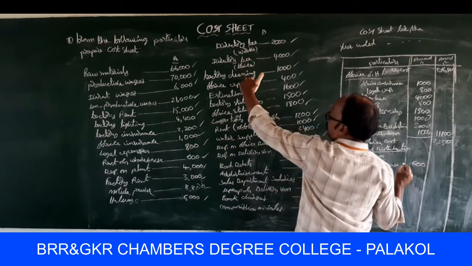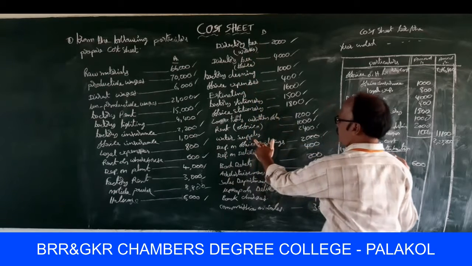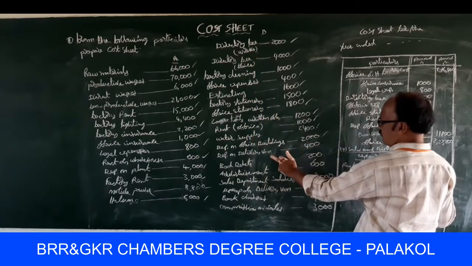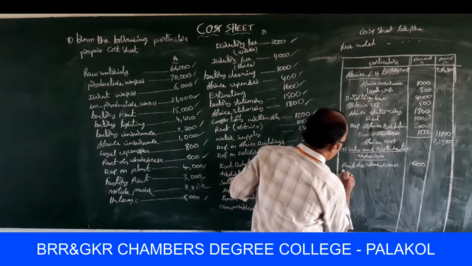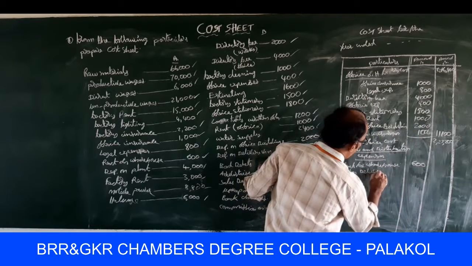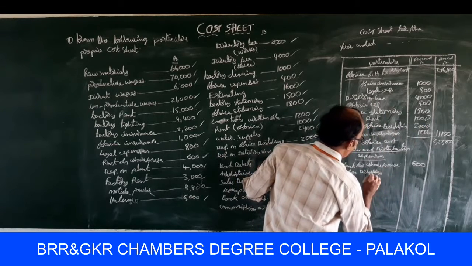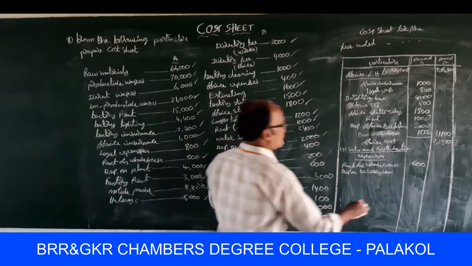Next one, factory lighting, loose tools, rent, water supply over. Depreciation on delivery van, 400.